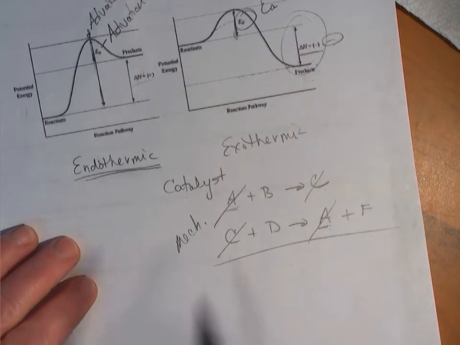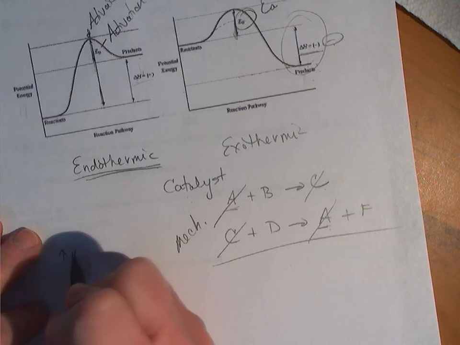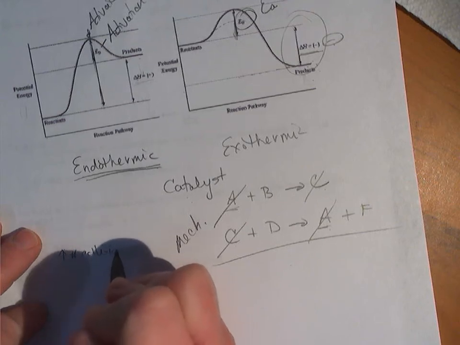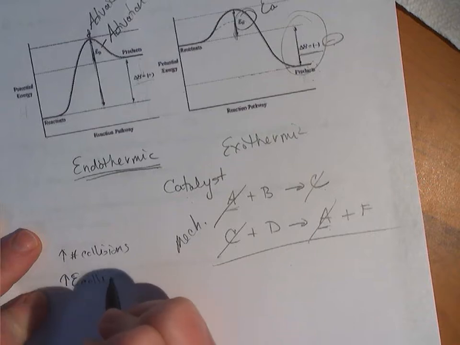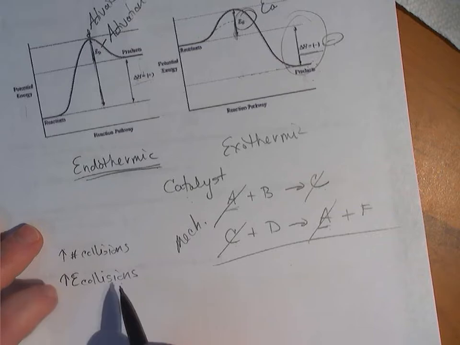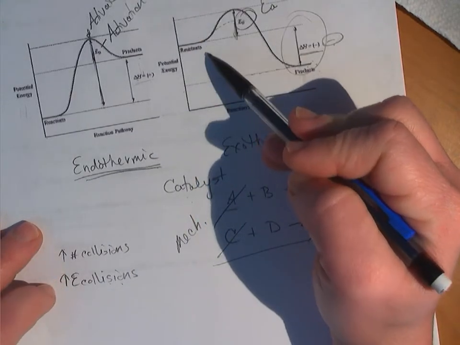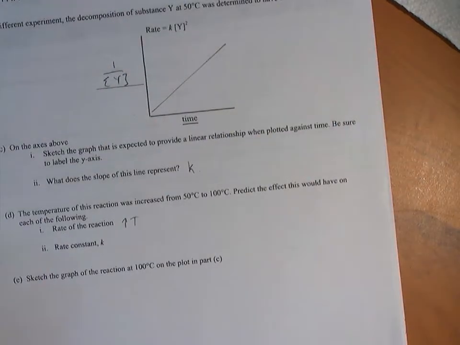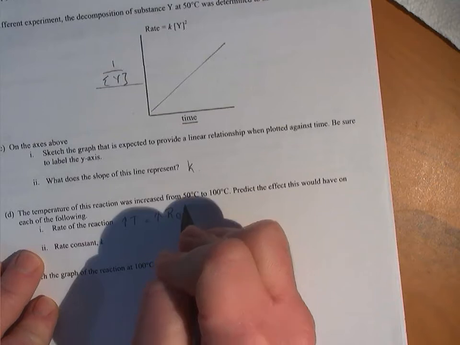If we increase temperature, we are going to have more collisions. We are going to have a greater energy of collisions. So we're going to have more and more impactful collisions, so hopefully there's enough that are going to increase the rate then. So increased temperature equals an increase in the rate.